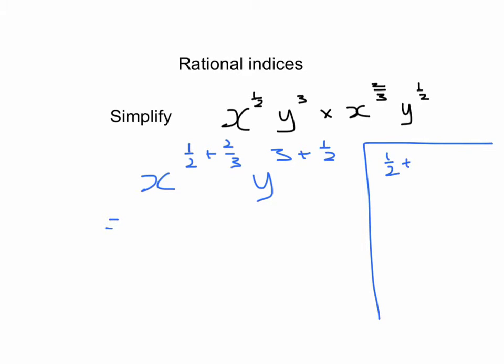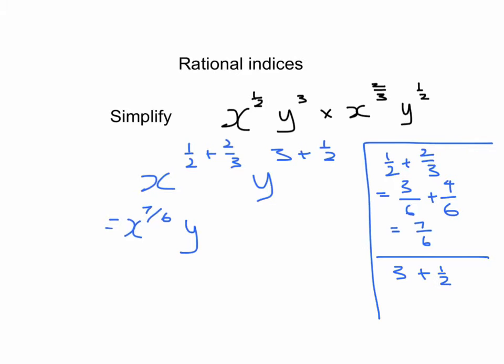A half plus 2/3. You find a common denominator of 6. So you have 3 on 6 and 4 on 6, so the answer is 7 on 6. And for the y, it's a little bit easier. 3 plus a half is 6 on 2 plus a half, which is 7 on 2.